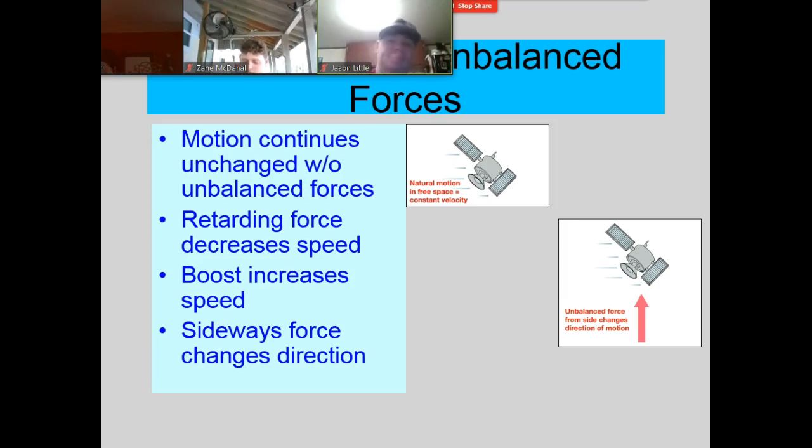Acceleration is caused by net force. So, as they say here, the motion continues unchanged without unbalanced forces. A retarding force decreases speed, a boost increases it, and a sideways force changes the direction without necessarily changing the speed.